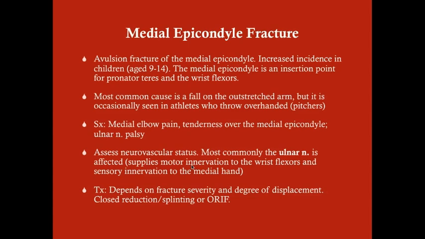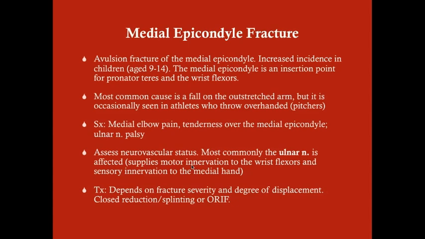And so a lot of times you'll see weakness of the flexor muscles, not just because the medial epicondyle is fractured, which of course is going to cause weakness just because the wrist flexor is attached there, but also because the ulnar nerve has a palsy, and so those muscles are going to be weak. Which you'll also notice in the case of an ulnar nerve palsy is the sensory loss to the medial hand.